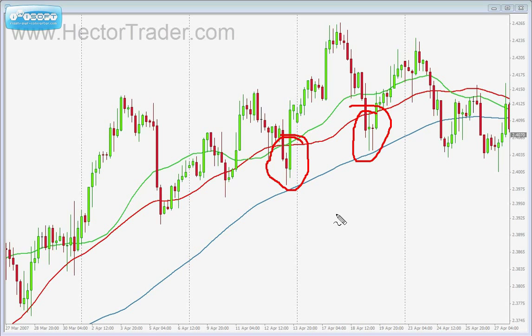Always remember the cat. You can cuddle it. Cuddle the cat. I keep on saying the cat analogy in my videos. I know you guys probably think it's a silly analogy, but it's quite useful. Just keep it in mind. The 50 simple moving average is our friend. It lets us know in advance when things might be turning against us.